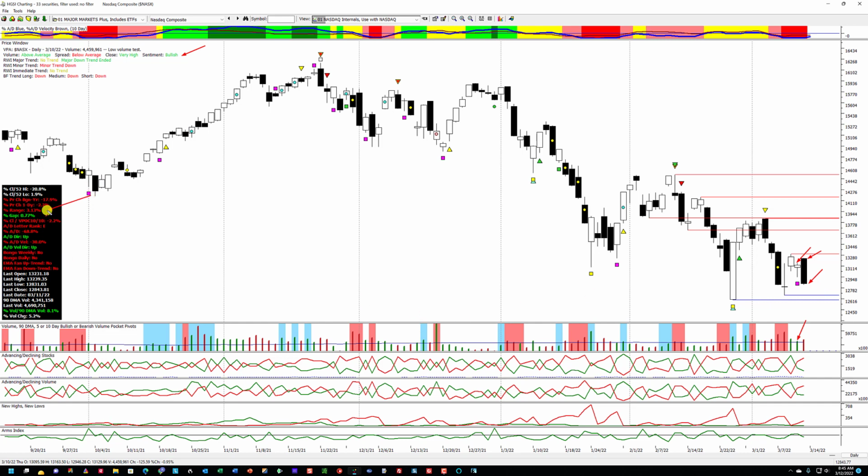Where did it close? It closed at 3.13% of its daily range. With the war going on in Ukraine, it's nearly impossible to trade this market, and if you're trying to pick the bottom, it's very difficult, to say the least.